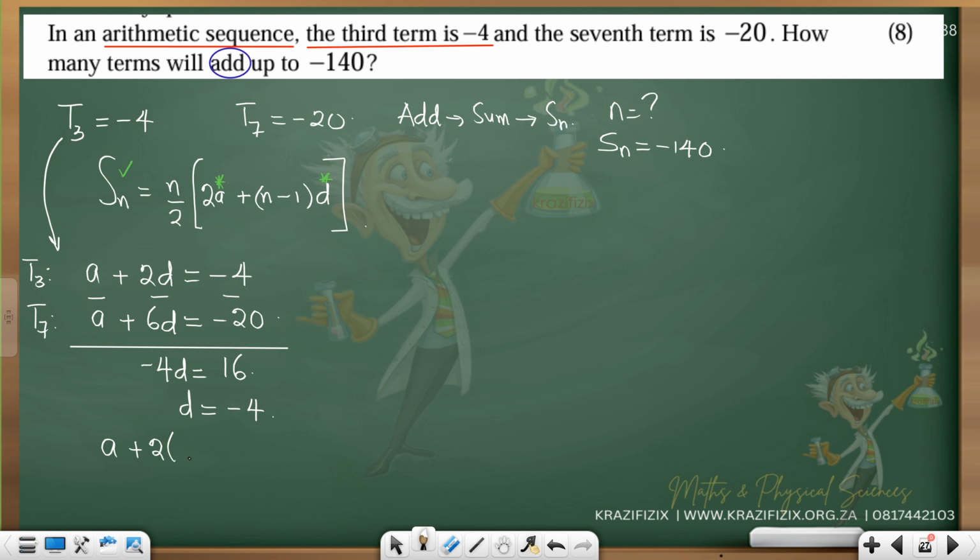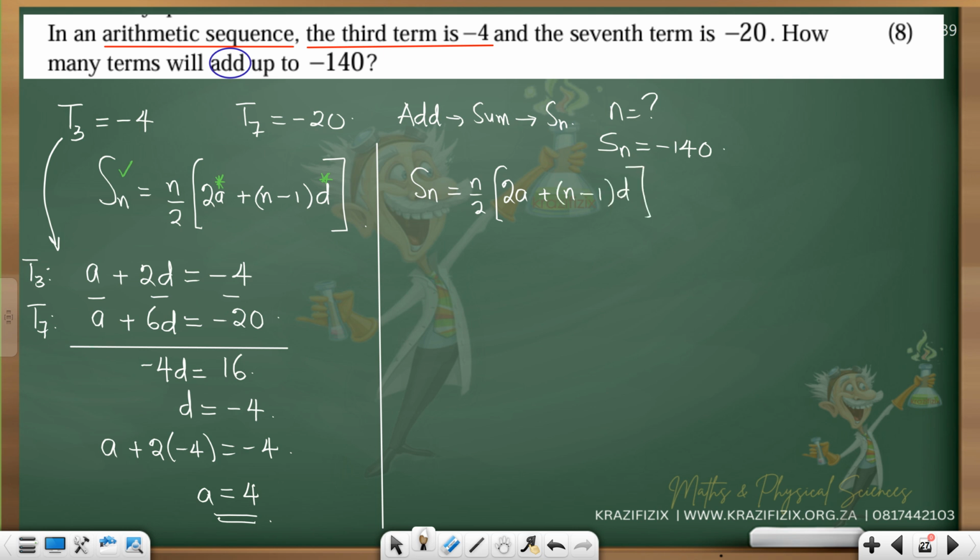a plus 2 into negative 4 equals negative 4. That gives us negative 8. If we move it over, it becomes positive 8 and a is 4. I think I have everything that I need. Now, back to the formula: Sn equals n over 2 times 2a plus n minus 1 d.